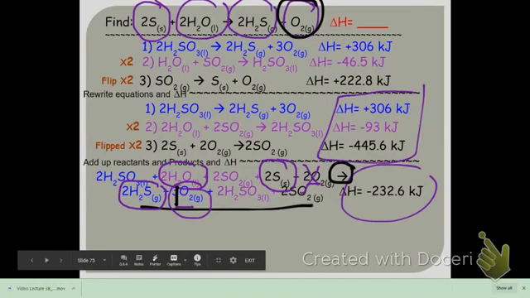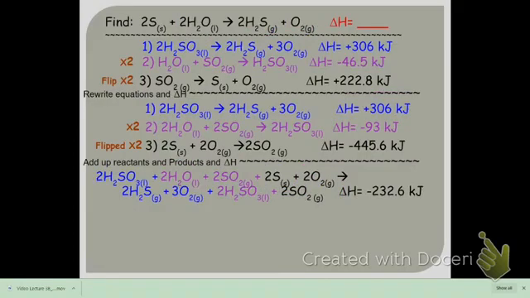Everything else should be able to cancel. Well, let's look. We have 2 H2SO3 on the reactant side and 2 H2SO3 on the product side, so we can cancel those. We have 2 SO2 gas on the reactant side and 2 SO2 gas on the product side, so we can cancel those. Okay?